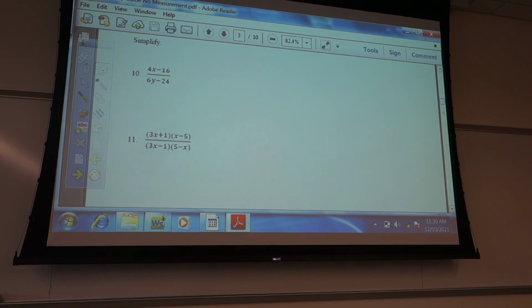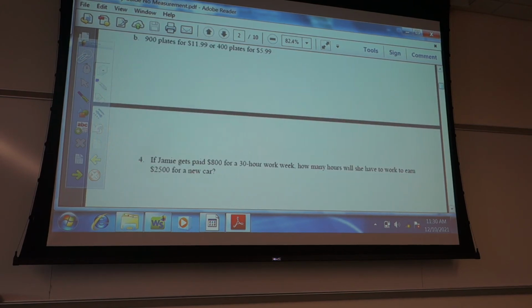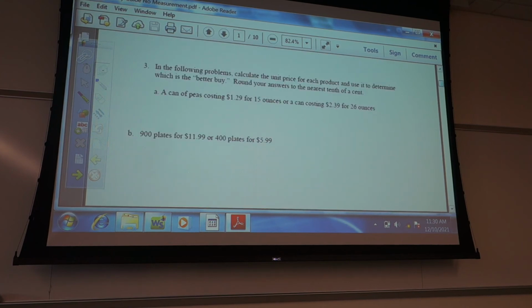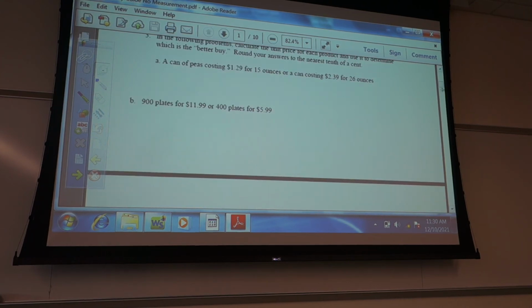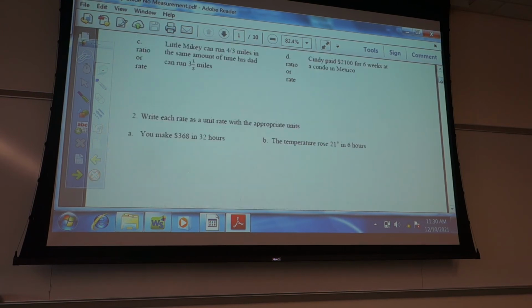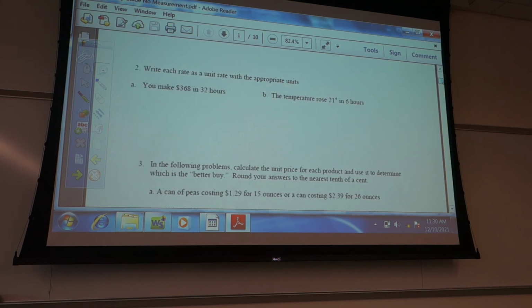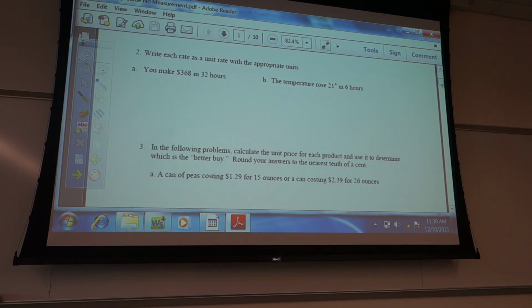I want to have everybody take a minute and take a look through these. I feel like this one, the can of peas, we went over that pretty well last class, right? The unit rates. Yeah, we did all 4 of those on the first one.